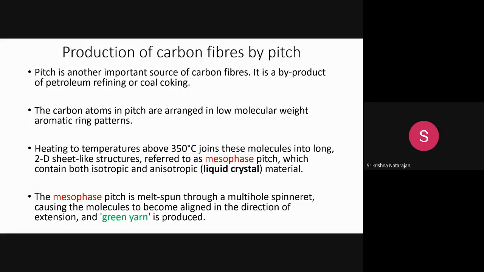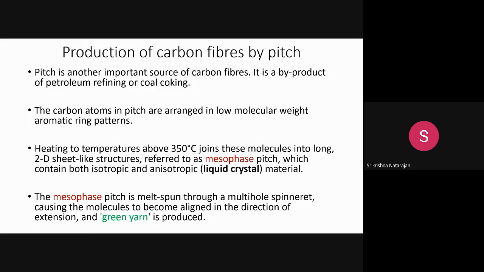But there is another precursor also, which is called pitch, that we'll see now. So pitch, you know what is meant by pitch. You may have heard this word from your school chemistry, which is a byproduct of petroleum obtained by the coal coking or refining. So here, the carbon atoms are arranged in low molecular weight aromatic ring patterns.